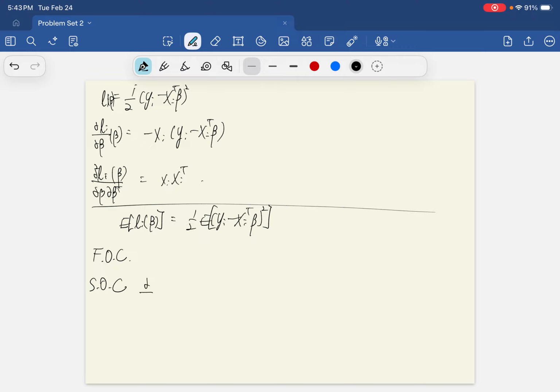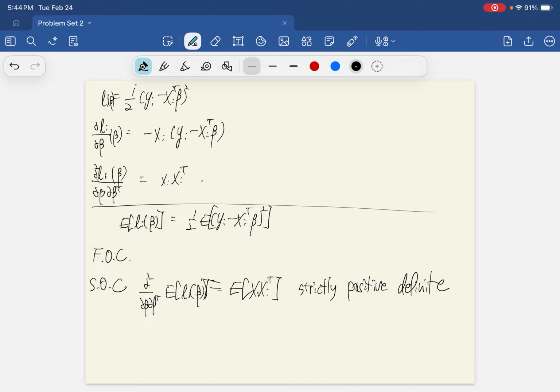So the second derivative of the population criterion function is the expectation of xi xi transpose. And we know this is strictly positive definite.